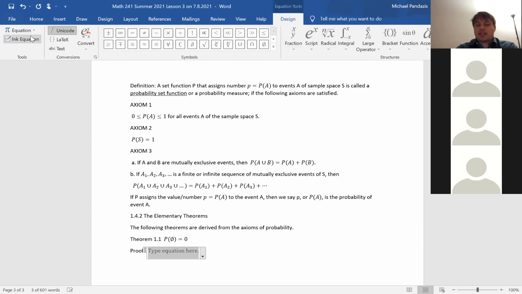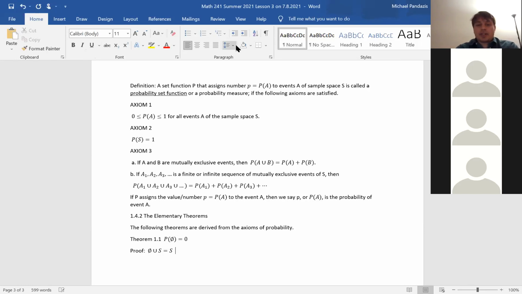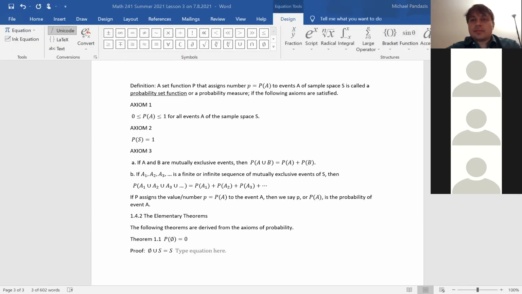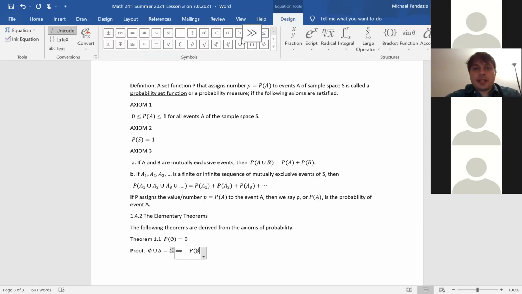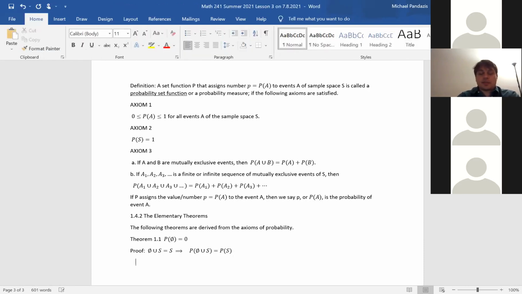The proof is this: if you have the empty set and you union it with S, it's equal to S. That implies that the probability of the empty set union S is equal to P of S, because the empty set union S is equal to S, and that's equal to 1.